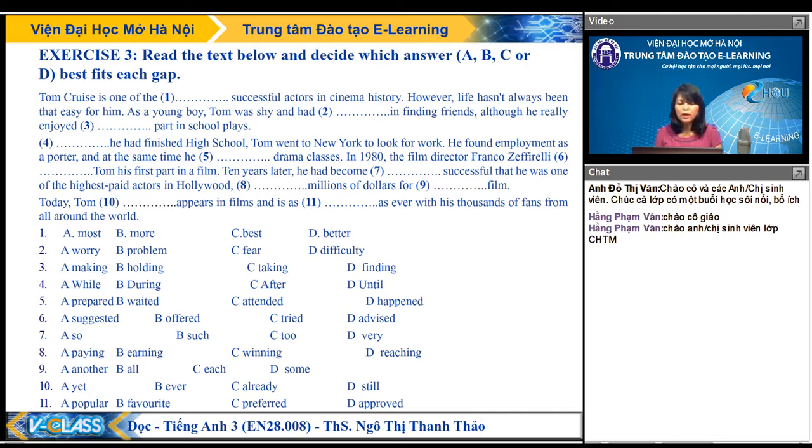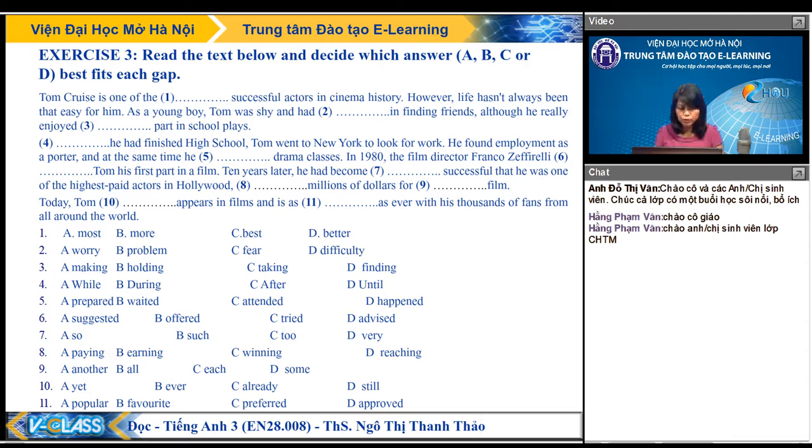So now, I'd like you to look at exercise 3 here. Read the information about Tom Cruise. I'm sure that you have heard about him, right? Very famous actor.